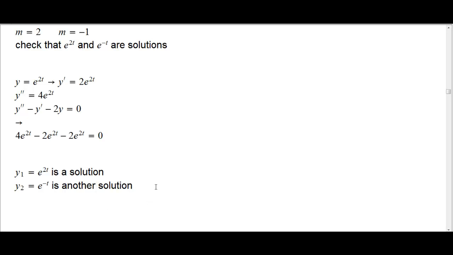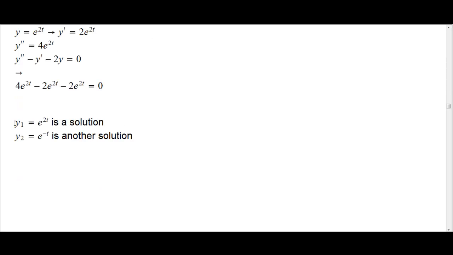Now notice this, that y1 and y2 are linearly independent. That's what we wanted.